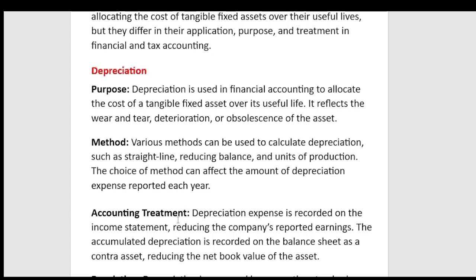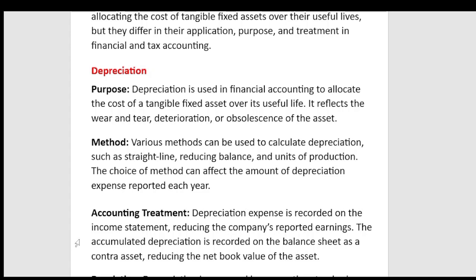The depreciation will appear in the income statement as an expense. Then the remaining 80 naira will appear in the statement of financial position. So these are the two areas where depreciation appears in the financial statements.